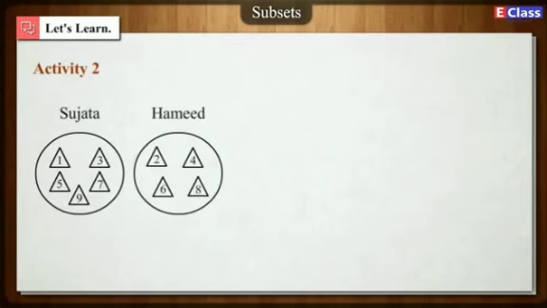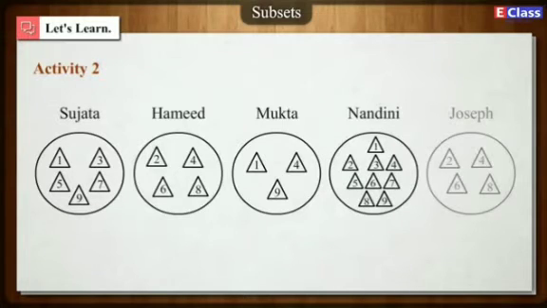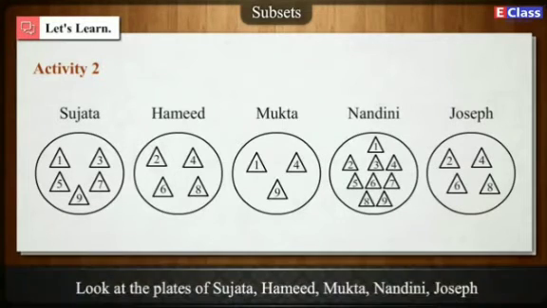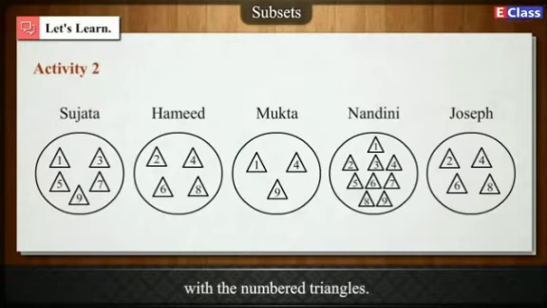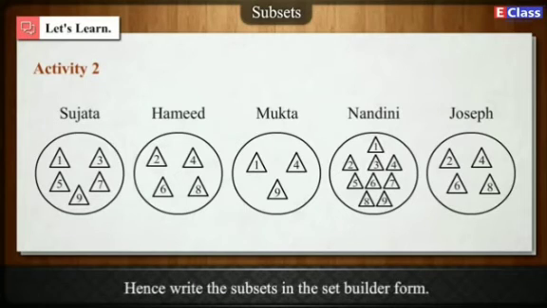Sujata, Hamid, Mukta, Nandini, Joseph. Look at the plates of Sujata, Hamid, Mukta, Nandini, Joseph with the numbered triangles. Guess the thinking behind selecting these numbers. Hence, write the subsets in the set builder form.